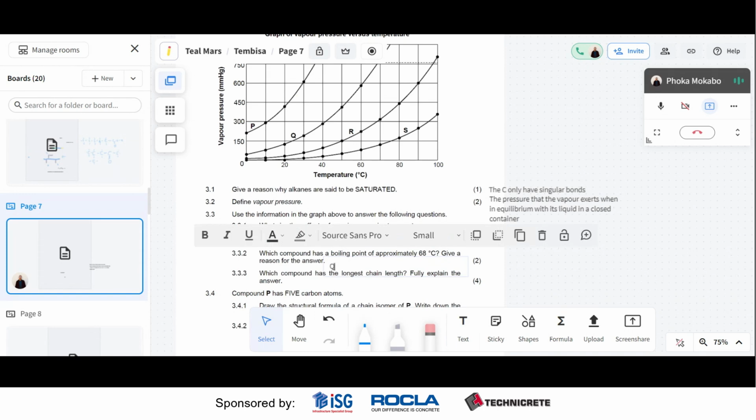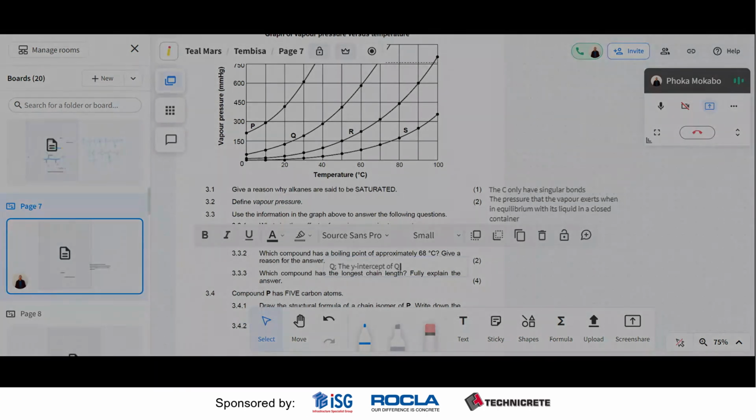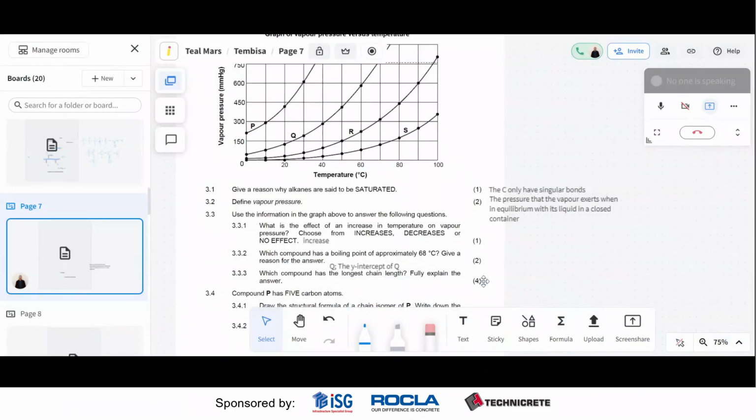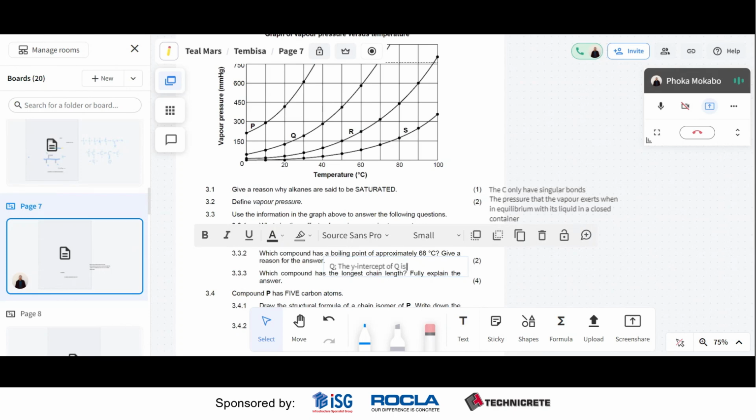Q is the answer, and the reason why is the y-intercept of Q is approximately 68.